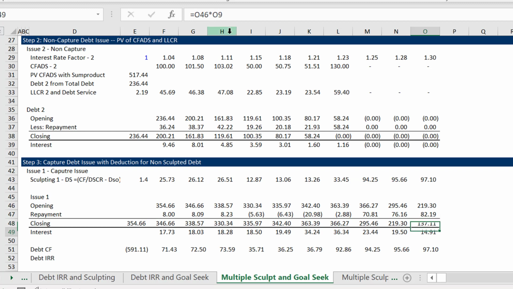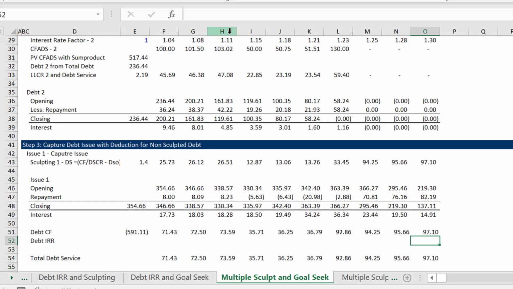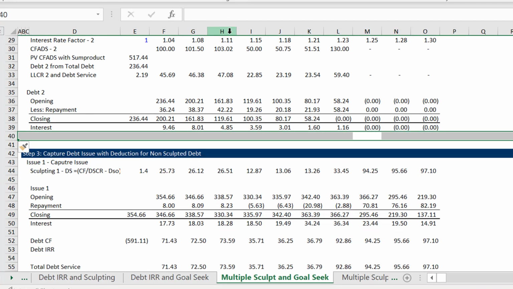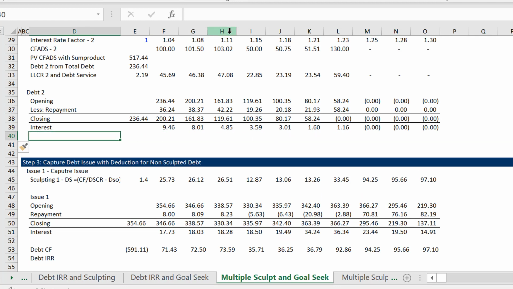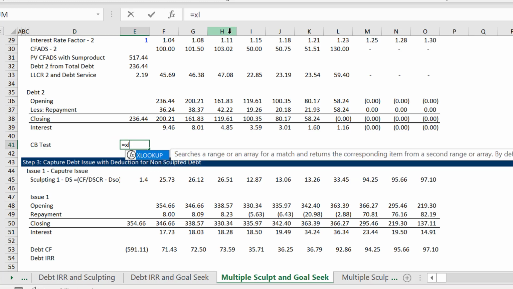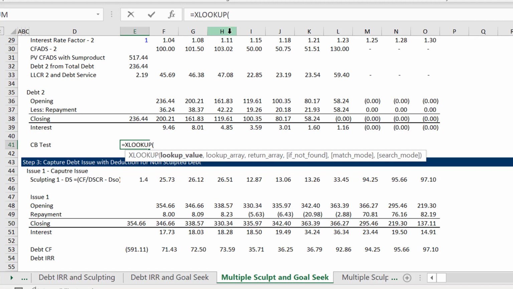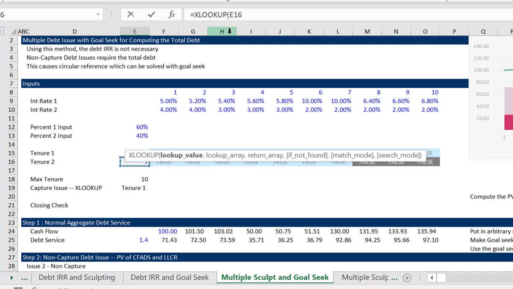Right here, we don't have a proper closing balance. So why don't we do this? Let's do our little XLOOKUP test. And we'll put equal XLOOKUP, and just pretend you're using the old lookup. Just pretend you're using the old one, and go up, and on this one we have the 7 tenure.